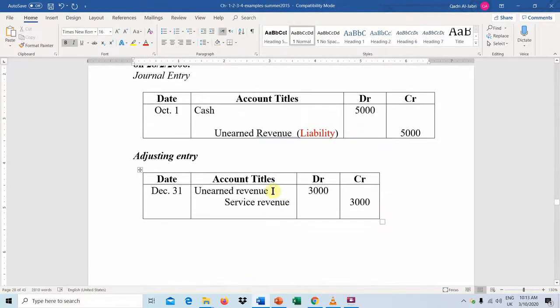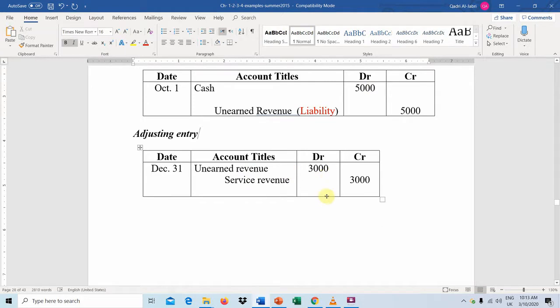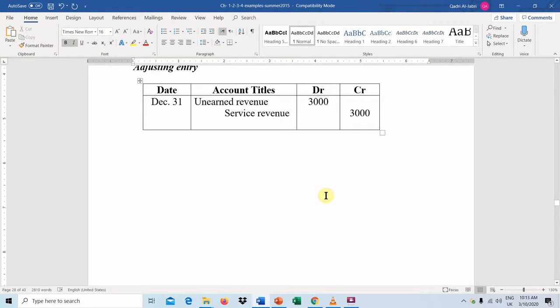Because we provided service for 3 months, now we can record a revenue of 3,000 out of the 5,000, but the liability that we had before, which is 5,000, will decrease by 3,000 because we already performed 3 out of the 5 months that we were obligated to do.